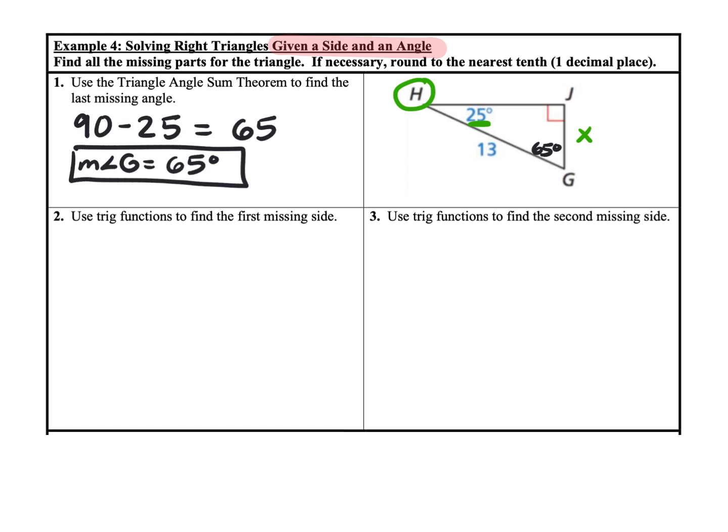So labeling our sides in relation to the 25-degree angle, we have the hypotenuse is 13, opposite the 25 is the X, and this side right here is the missing side, blank one is adjacent. So beginning with finding the X, we have an opposite and we have a hypotenuse.